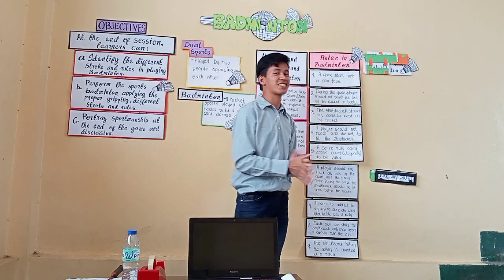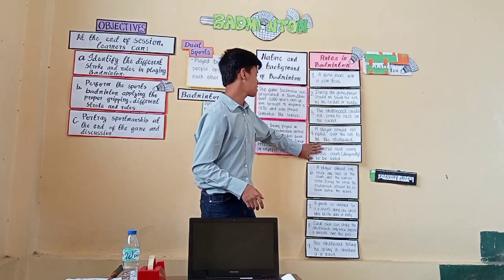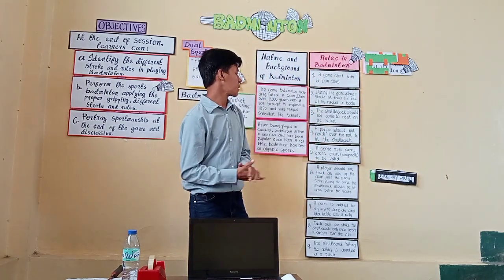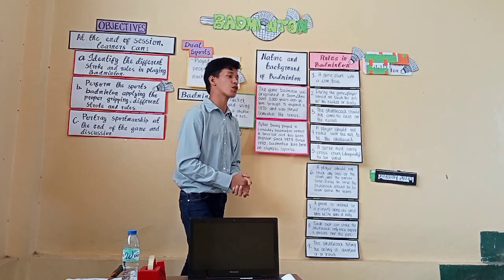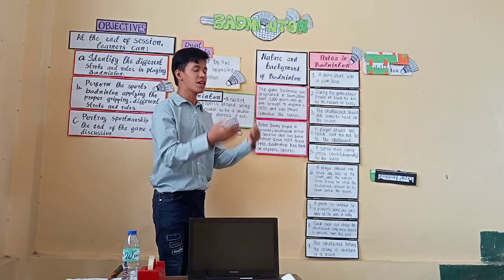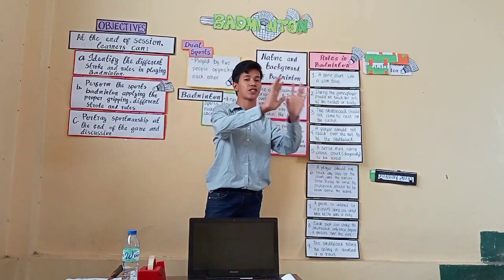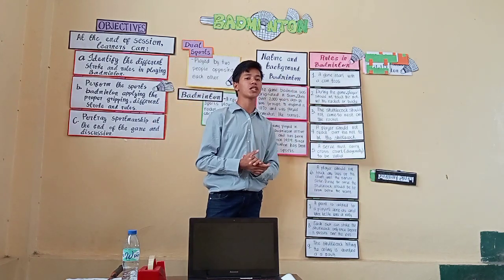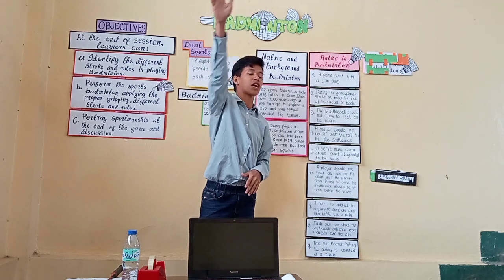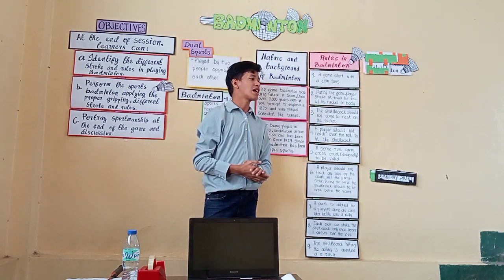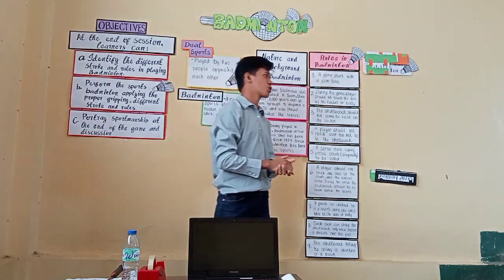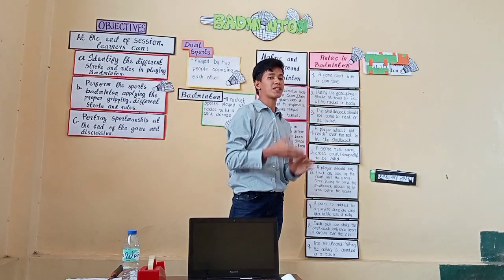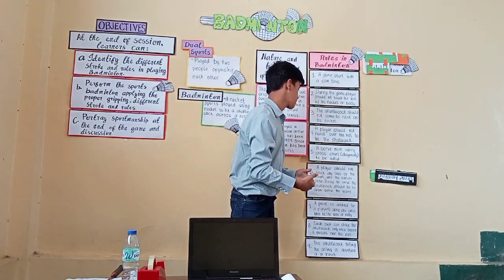The fourth one is a player should not reach over the net to hit the shuttlecock. For example, if this is the net and the opponent reaches the shuttlecock over the net, we can say that it is a fault. This is a mistake on your opponent.